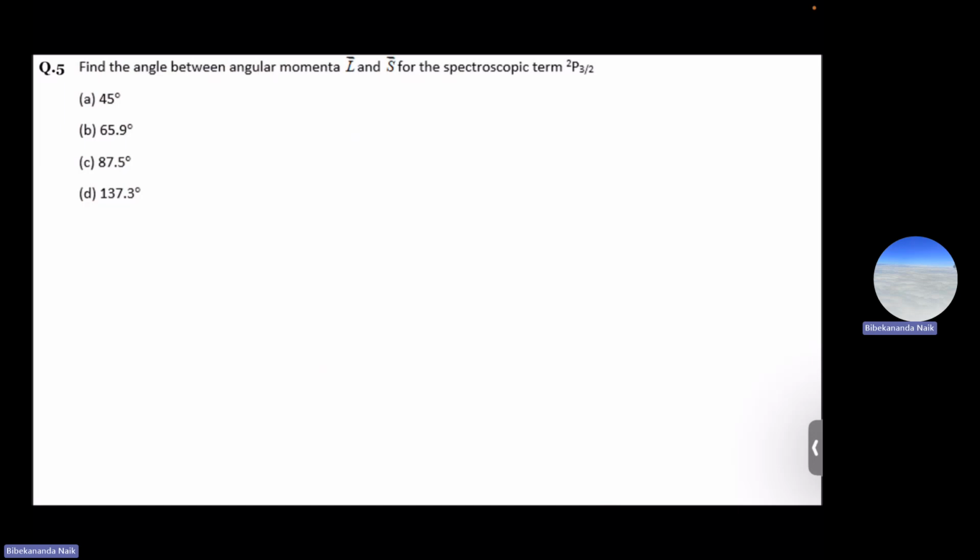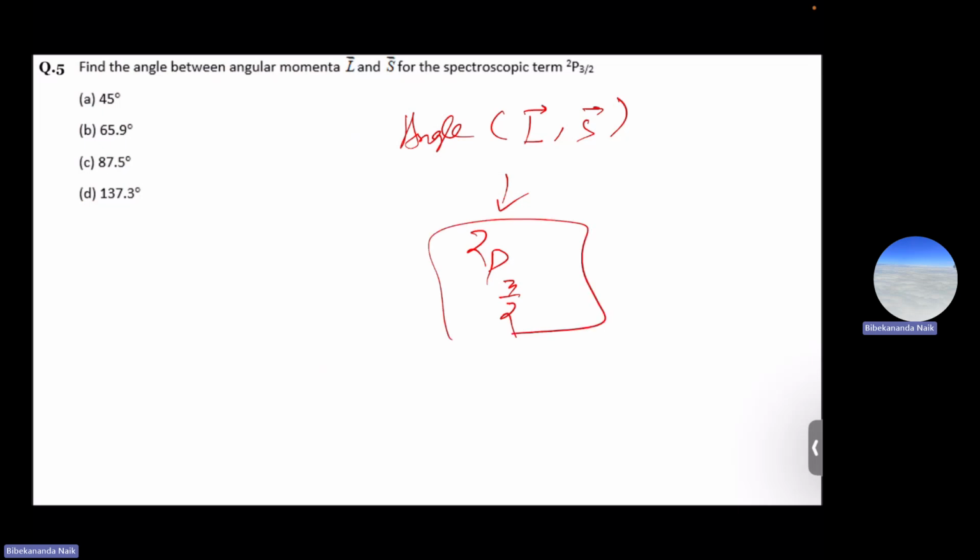So we need to find the angle between L vector and S vector for the term 2p 3 by 2. It is a bit different from determining the quantum numbers. We will discuss it in more detail, but before that I'll give you a few minutes so that we can try and solve it.